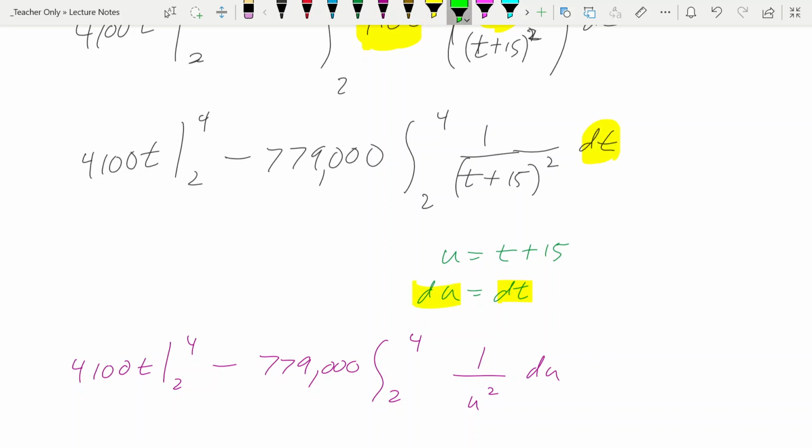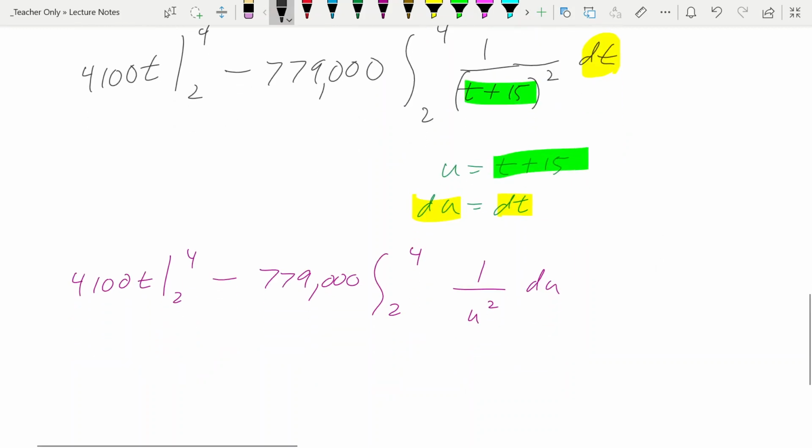And that whole inside is just t plus 15. So if your teacher hasn't taught you U-sub yet, don't worry, you'll see it. Just a little bit of guess and check, we'll get the same answer, using a tiny bit of logic. Okay, so don't panic if you don't recognize what I'm doing.